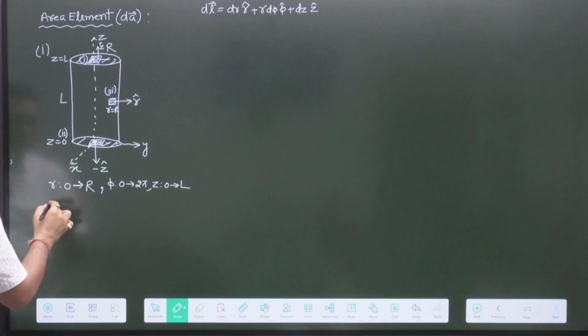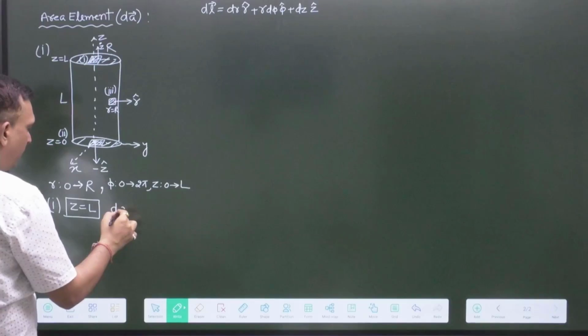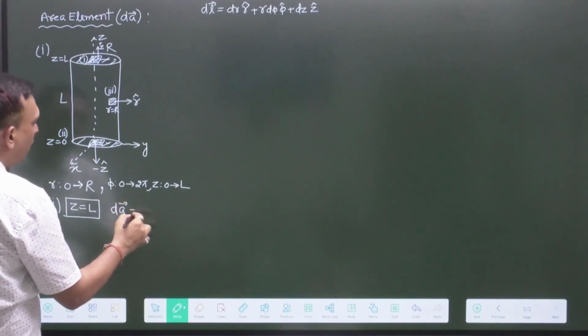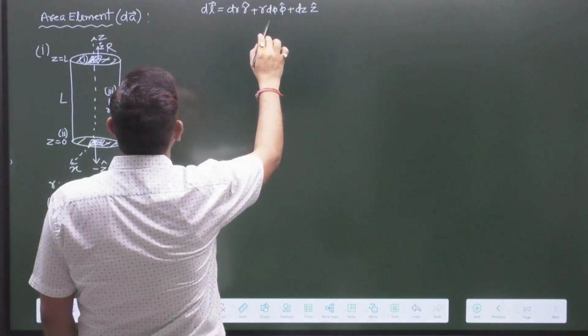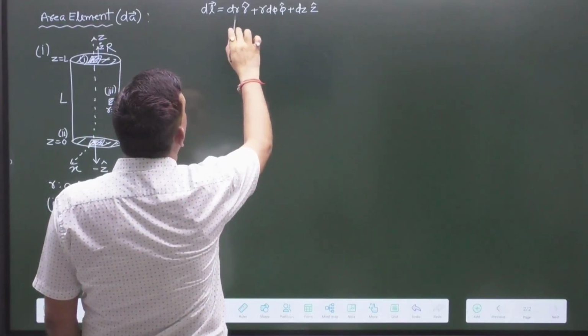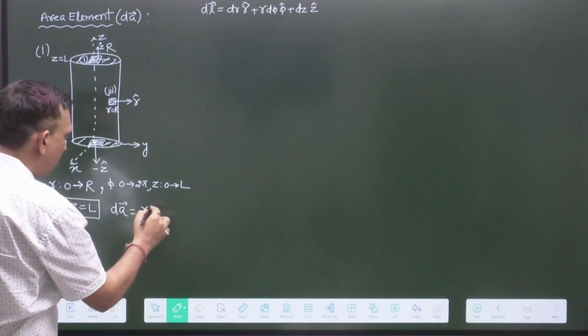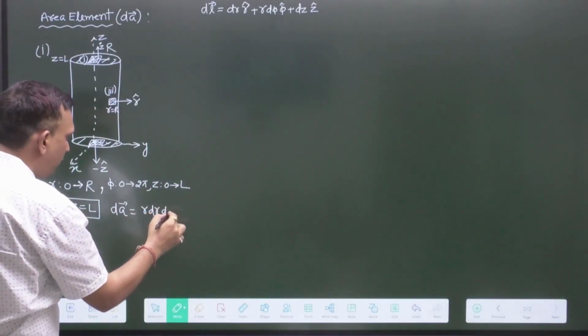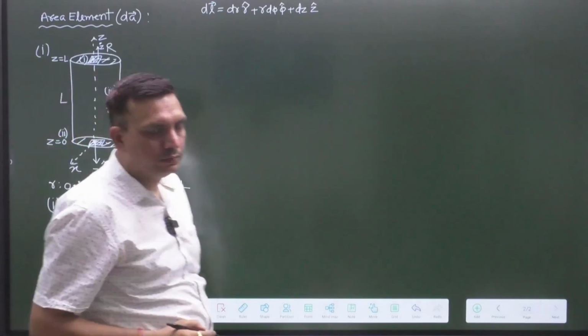Now what will be dA for surface 1? Surface 1 is the z is equal to L surface. On this surface the variables are r and phi. So dA will be r dr d phi, and direction will be z cap.